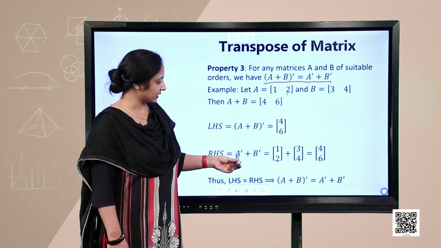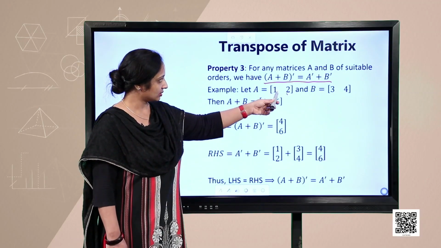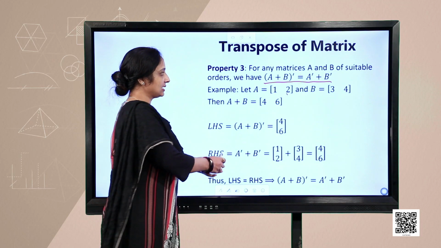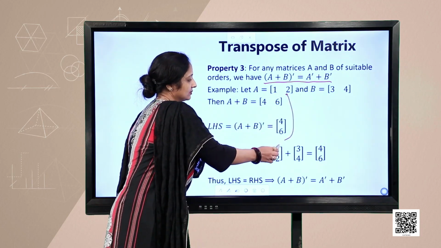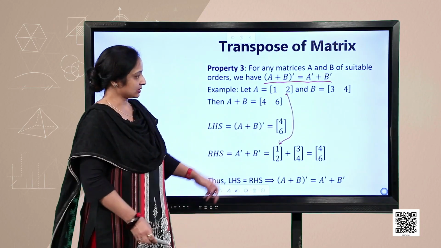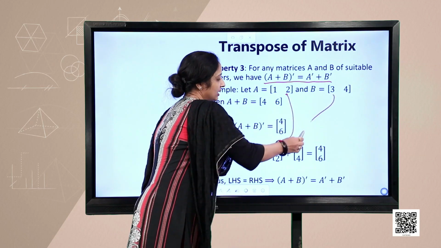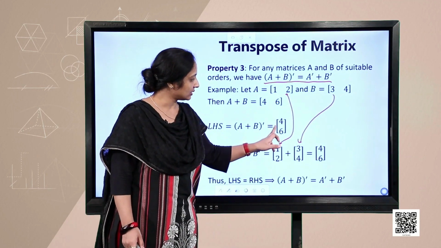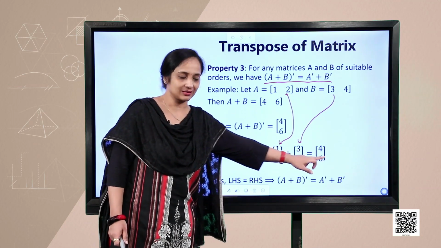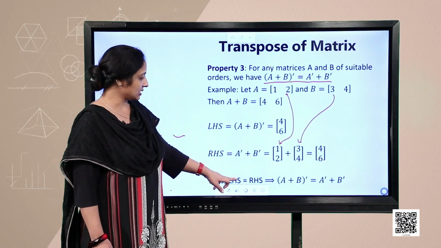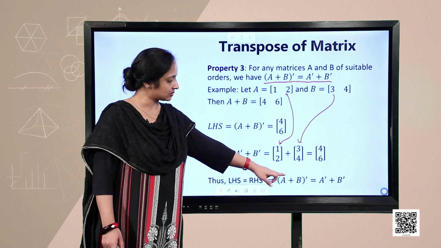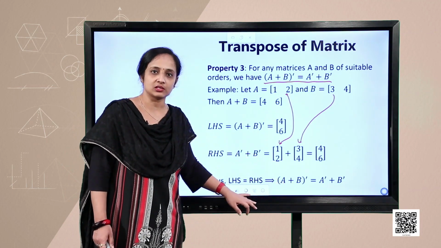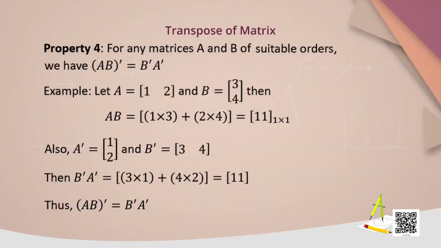Then you take RHS, take A transpose, take transpose of this matrix A like this. B transpose, take transpose of this matrix B like this, add these together and you are getting 4, 6 column matrix back. So, LHS is equal to RHS, you can say that A plus B whole transpose is equal to A transpose plus B transpose.